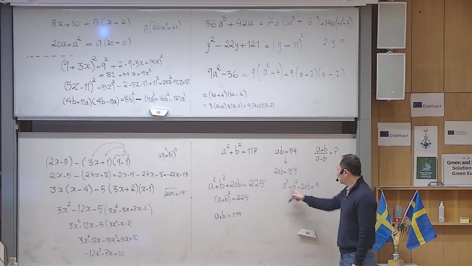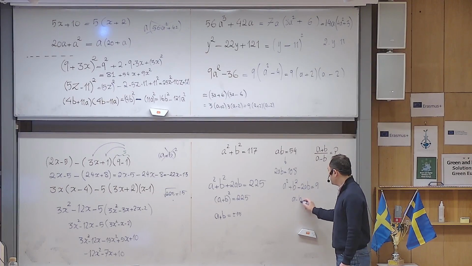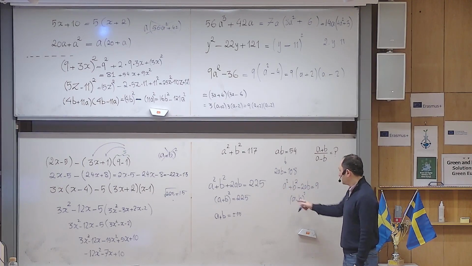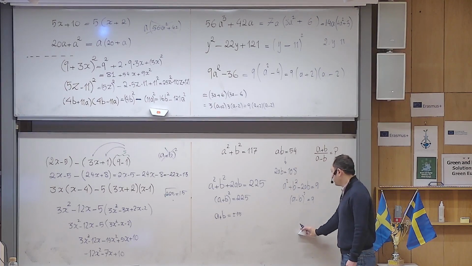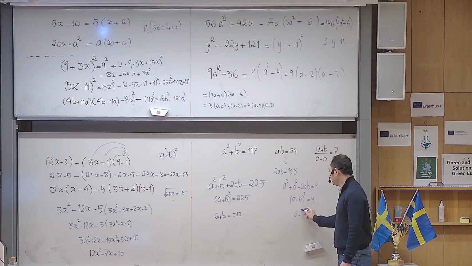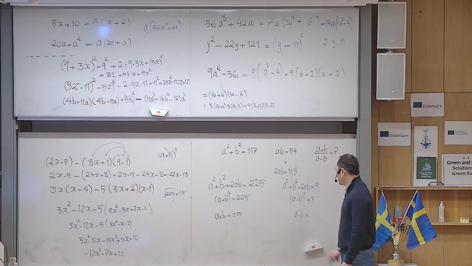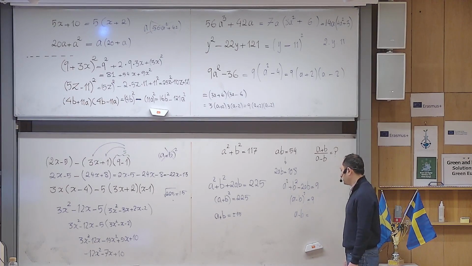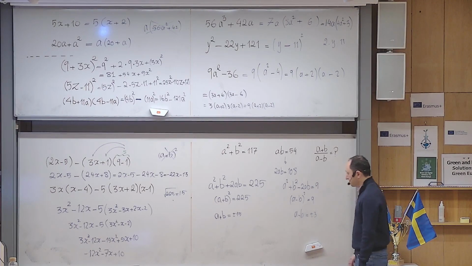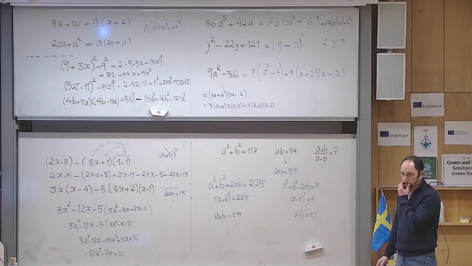And then A minus B to power 2, because that's a pattern with the minus sign, is equal to 9. So what do I have for A minus B? Again, A minus B is two possible numbers. What are they? Plus or minus 3. Yes?